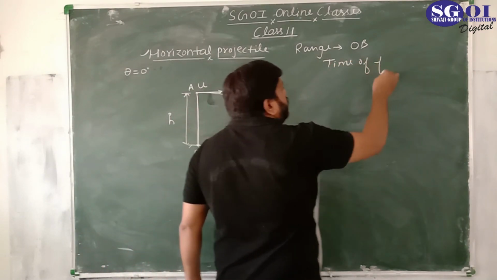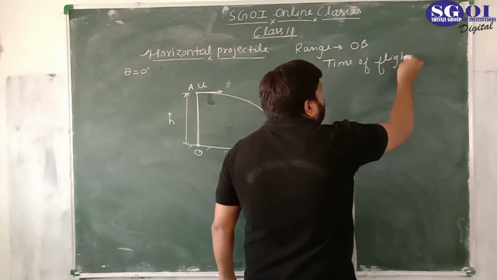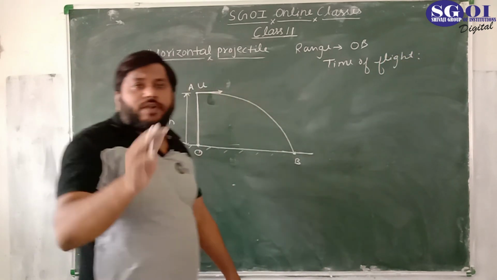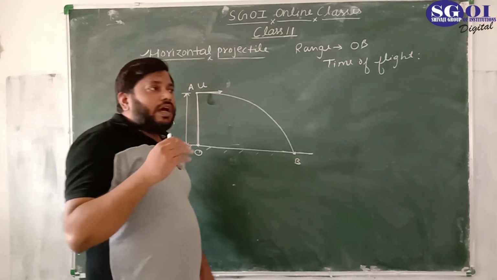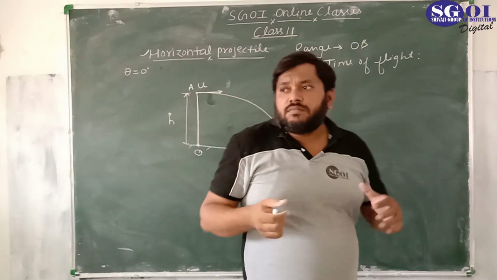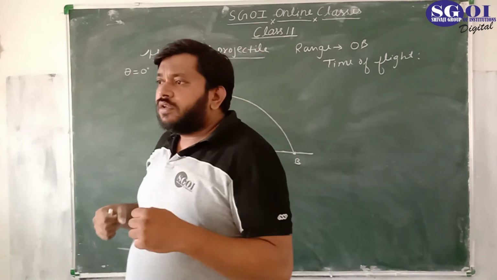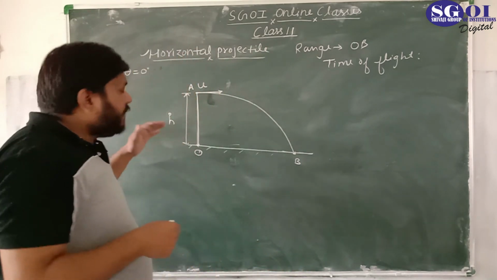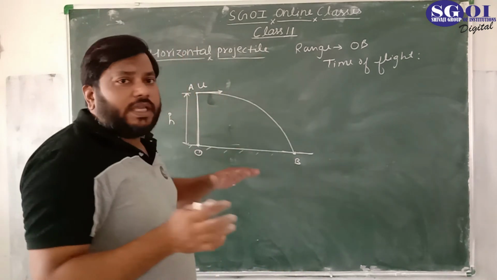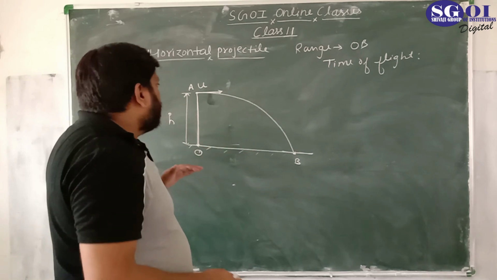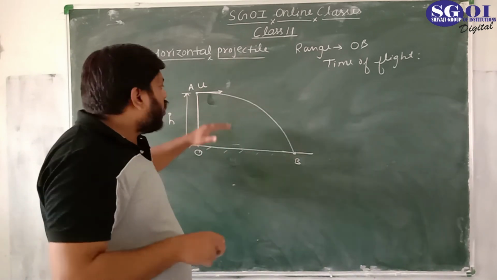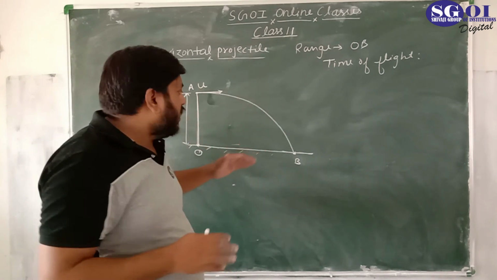Time of flight. What is flight? You know the flight. Time of flight is the time taken by the object to be in air, the time spent by the object in air.